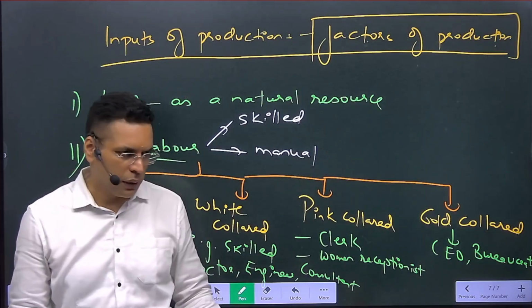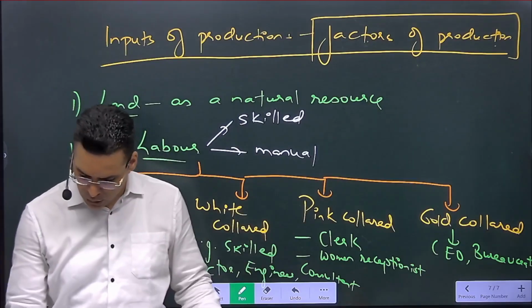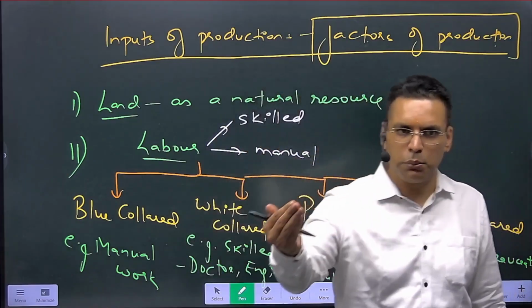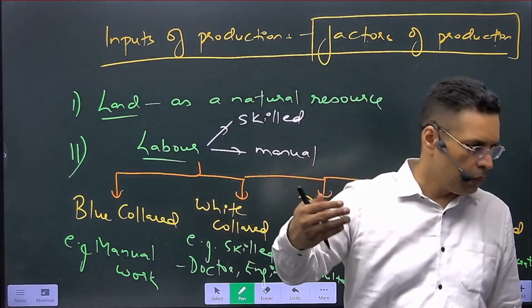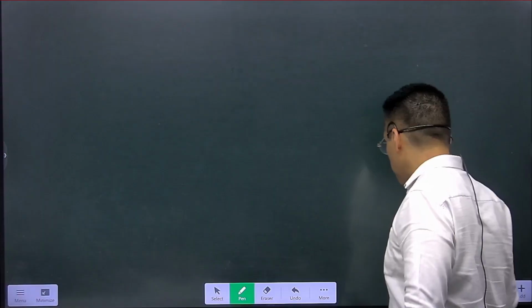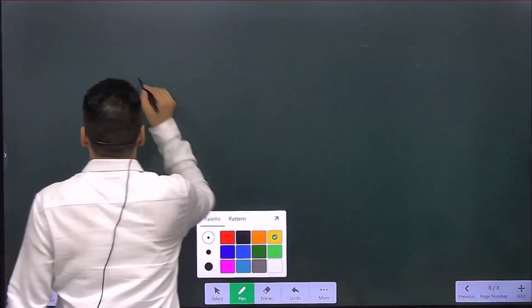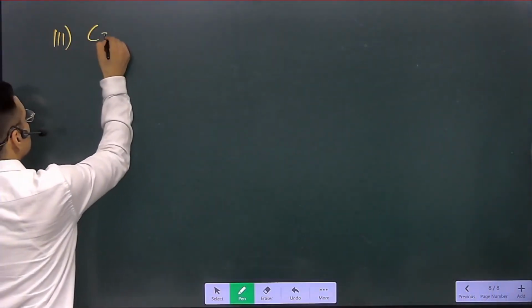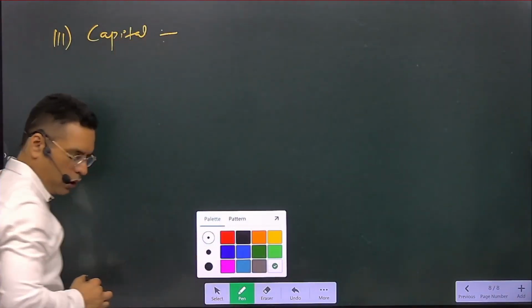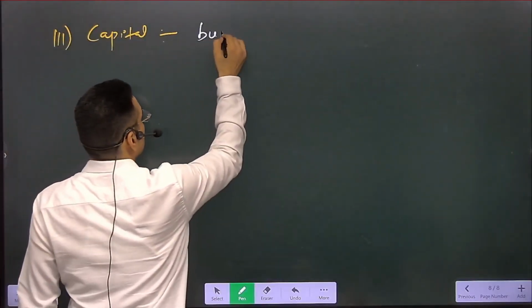These are capital. They are also involved in the production process. So capital is something that helps in production, for example, we have one machine, so production is happening. There are two machines, production will be better. So the third input is capital. And in capital normally we talk about building, machine, equipment.